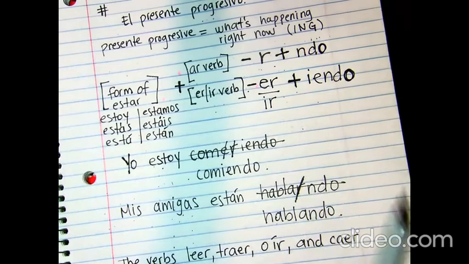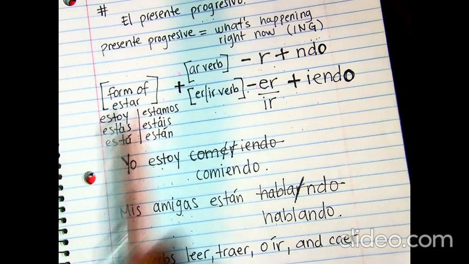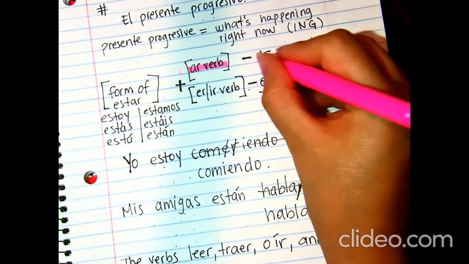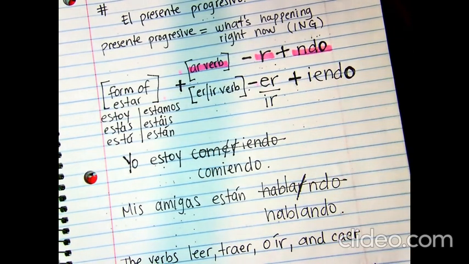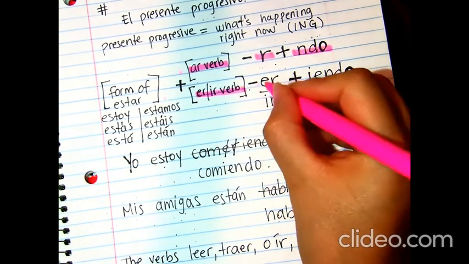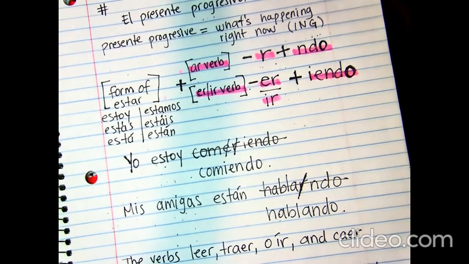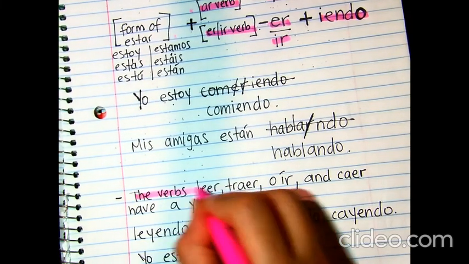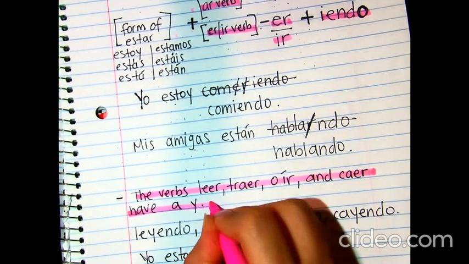That's something that you need to remember. Make sure you know what to do with AR verbs, and what to do with ER and IR verbs. And of course, make sure you know these verbs right here.